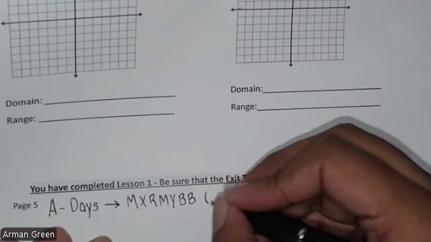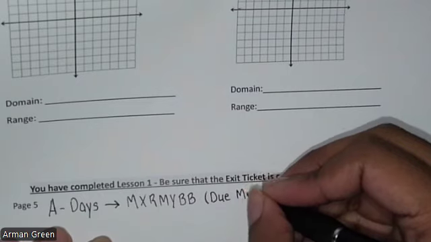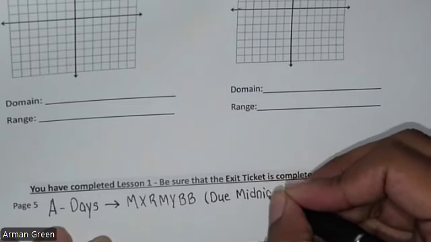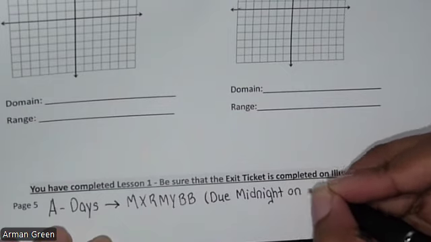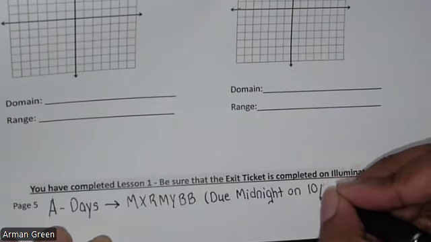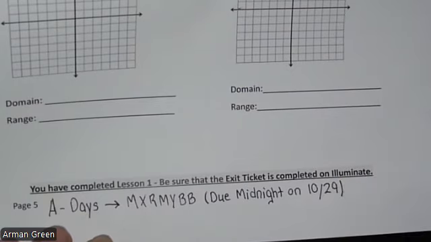For you all, this is going to be due at midnight on, what is that, the 29th? So basically, it's due Wednesday at midnight for my A days.